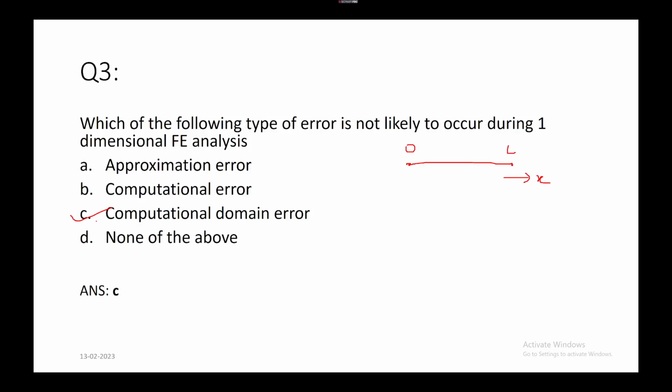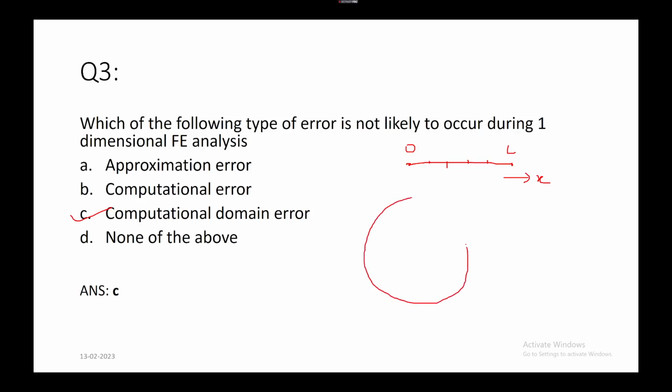Yes, you are right. So why this is the answer: suppose this is our one-dimensional domain. While we are discretizing the domain, we are going to divide it into multiple elements. You can see that in discretization, there is no portion of the domain which is left behind. This need not be the case for two dimensions.